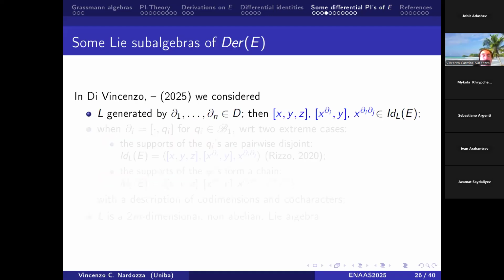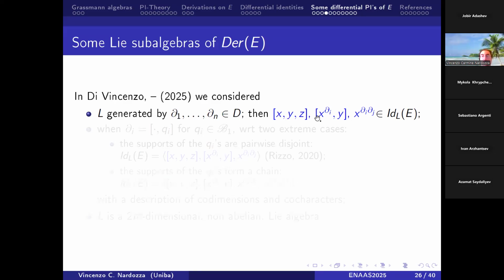By the way, using this methodology and these polynomials, we were able to prove several results about E. At first, we considered an algebra generated by some derivations, which I denoted as partial 1 up to partial n, all chosen in D, not necessarily inner derivations.